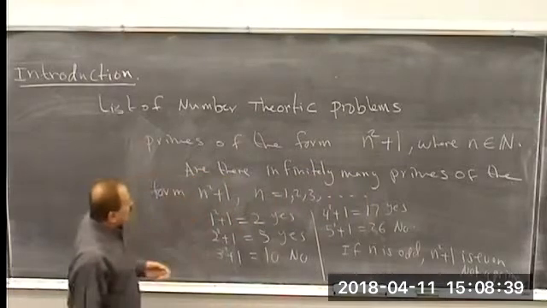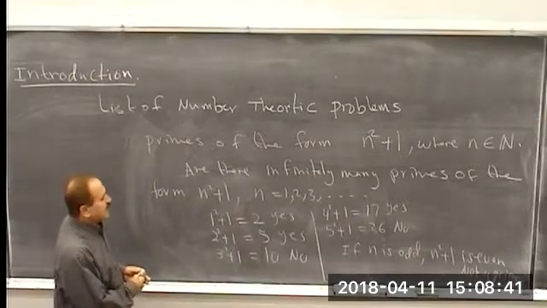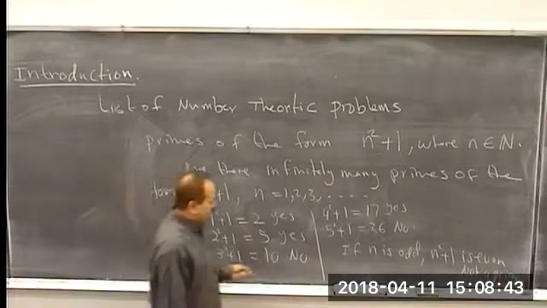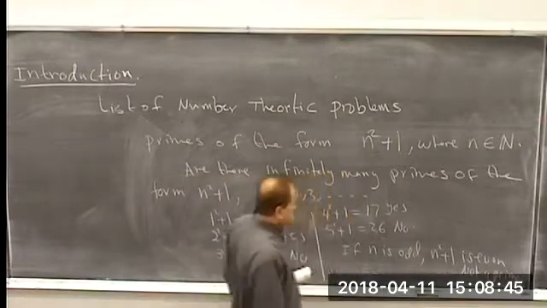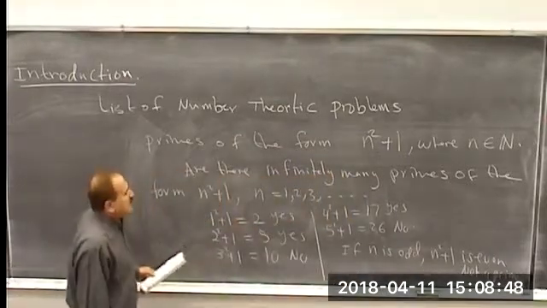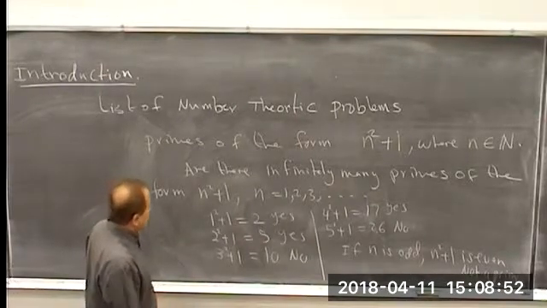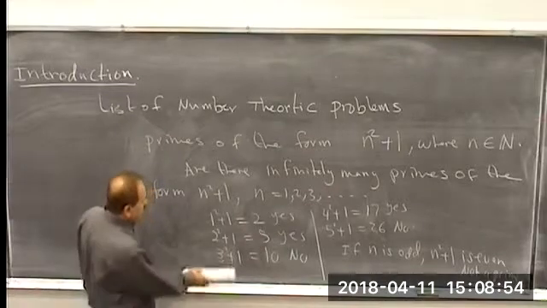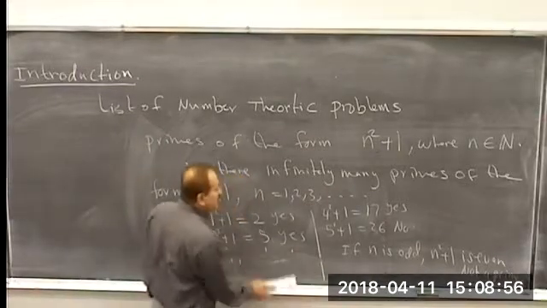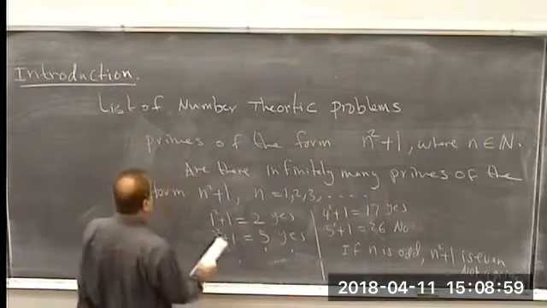So to answer this question, we're going to be basically wasting our time if we consider n to be odd, square it and add 1. So maybe we only need to concentrate on the even ones.